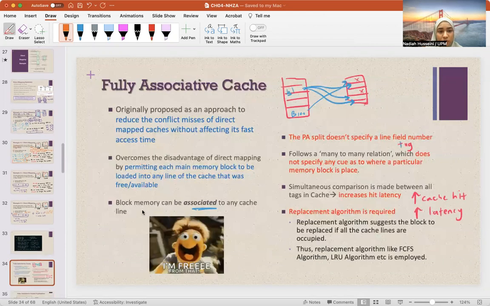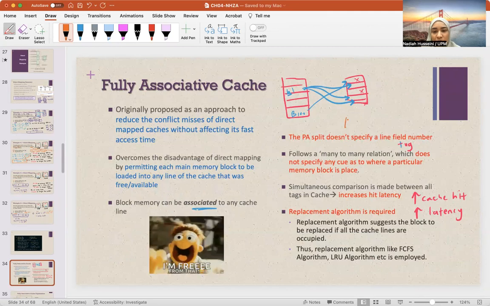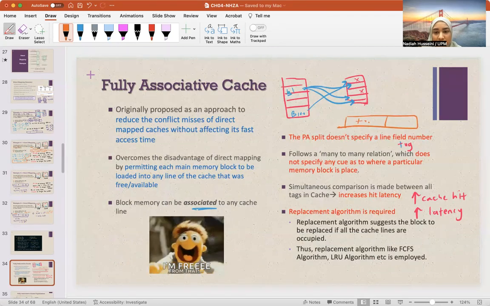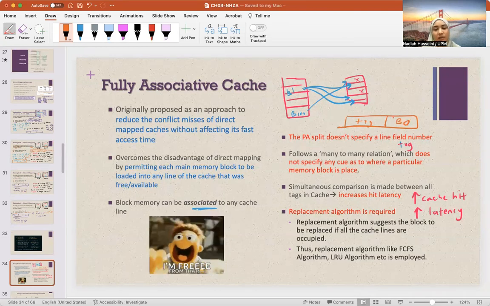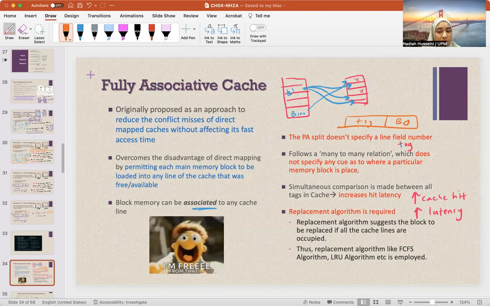Now, fully associative mapping. Because we know that the format is based solely on the tag, then we have the block offset. So the PA split, where PA means physical address or main memory address, doesn't specify a line field number.